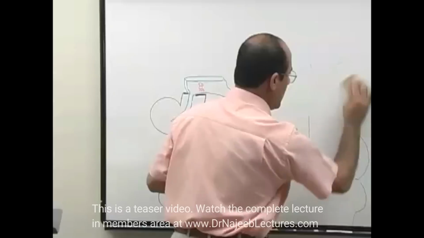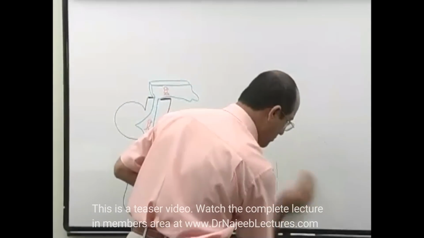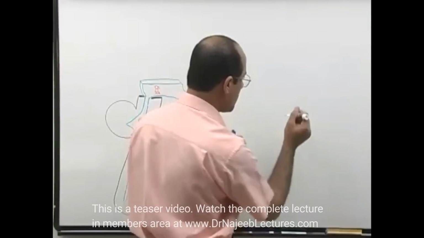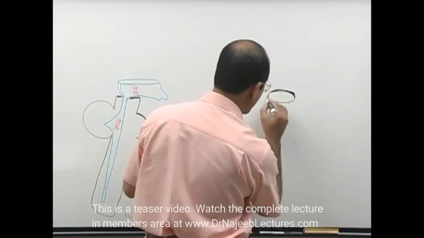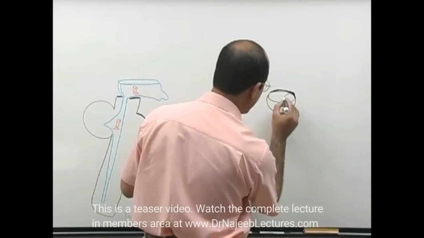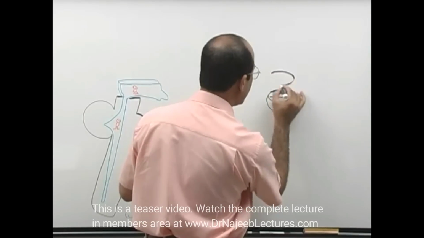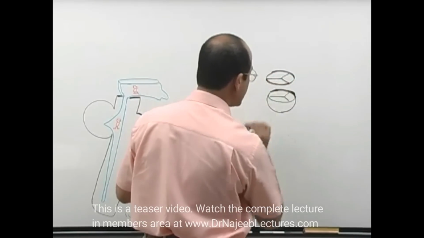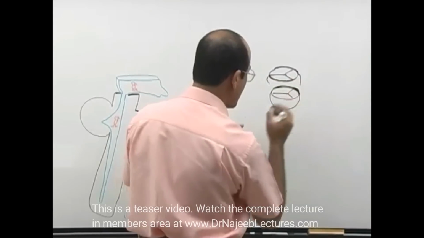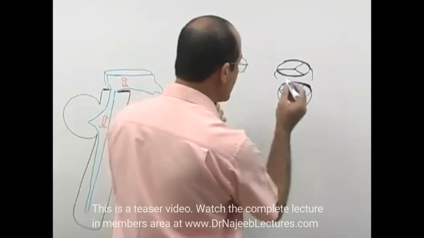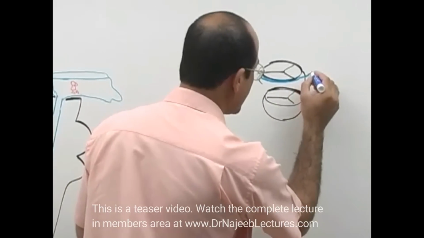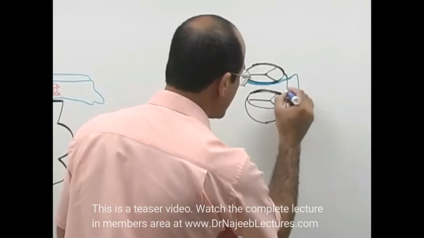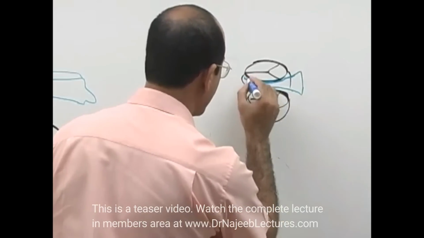So I will draw a small diagram of what we have learned up to now. Here is one thalamus, here is the other thalamus. And what is the structure here? Now you will tell me the CSF filled structure here.